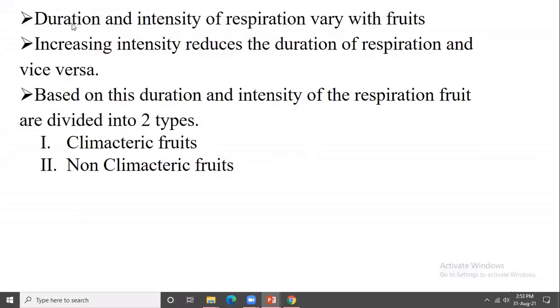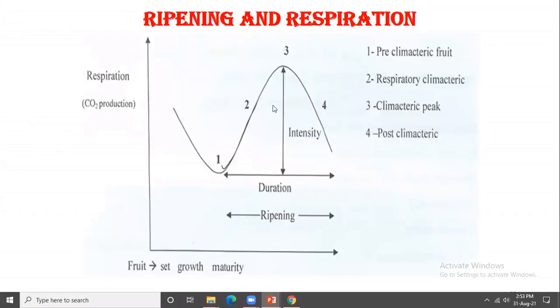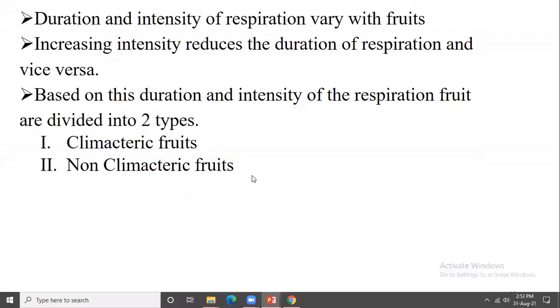The duration and intensity of respiration vary from fruit to fruit. Papaya has one intensity and respiration percentage, and mango has another. Increasing intensity reduces the duration of respiration.